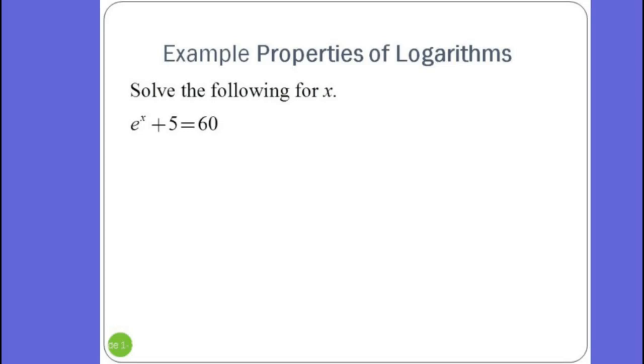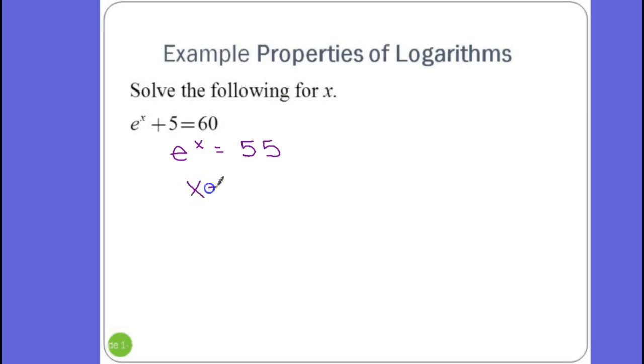This one's a little trickier than the last one because you can't just natural log both sides. It's like the square roots when I said you can't square both sides till the square root is isolated. You don't want to ln both sides till the e is isolated. So you want to subtract over your 5, giving e to the x equals 55 before you ln both sides.